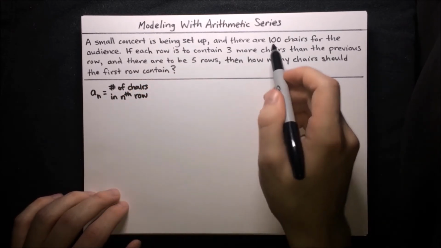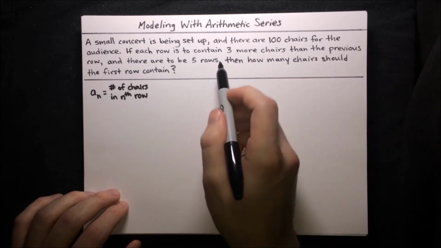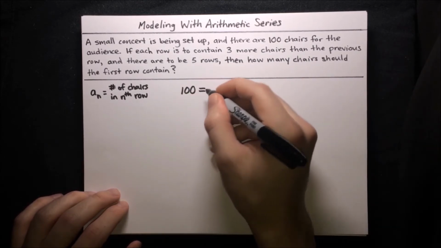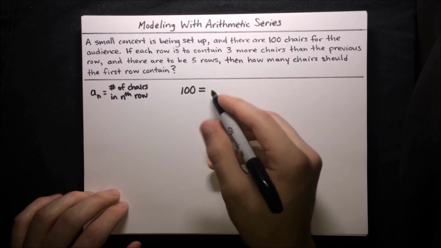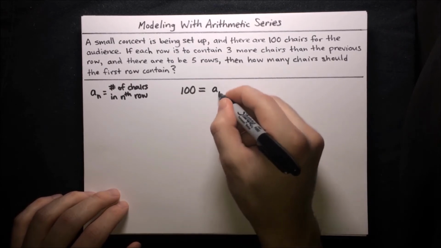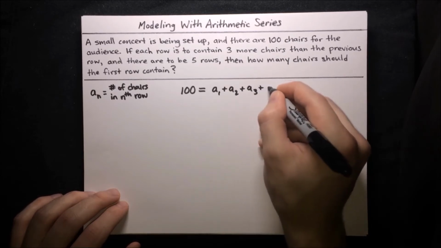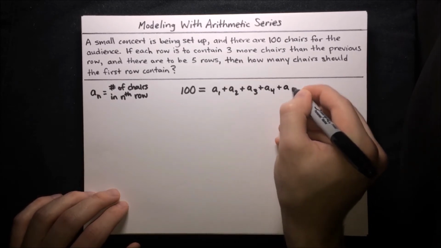Since there are 100 chairs for 5 rows, we know that 100 has to be equal to the total sum of all those chairs in all those rows. So 100 equals a_1 plus a_2 plus a_3 plus a_4 plus a_5.